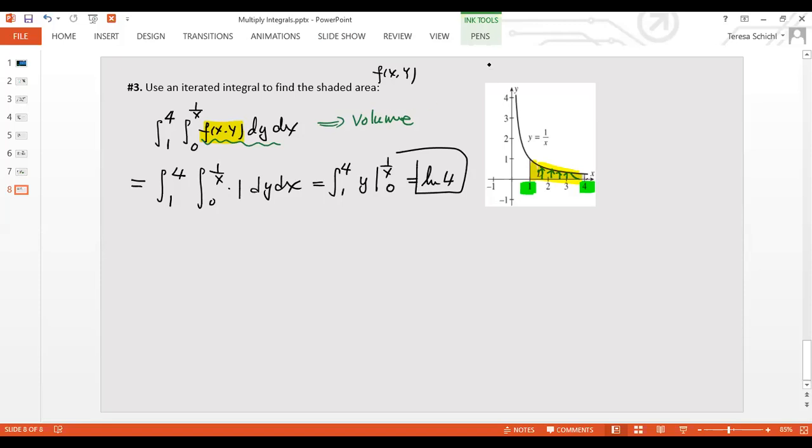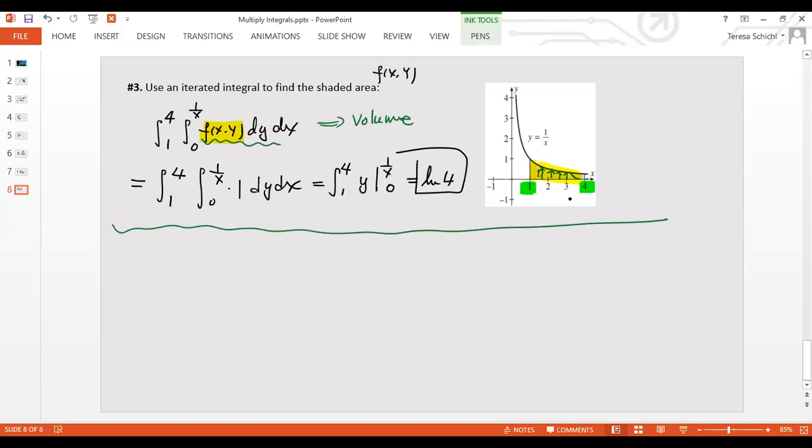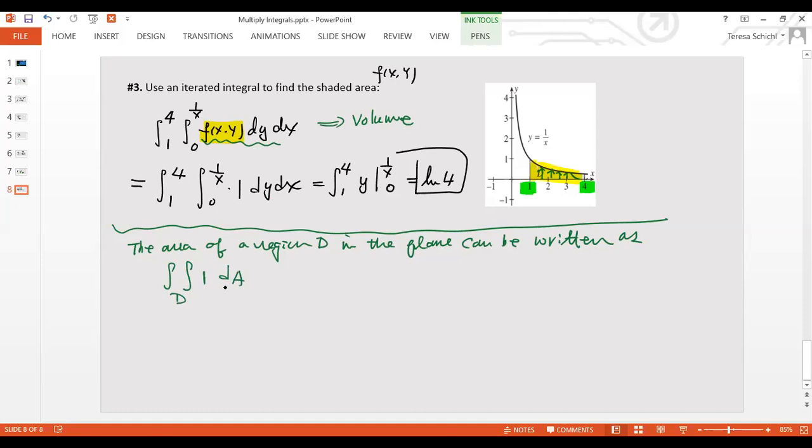Now I want to write something out for you. Based on this example, we can say the area of region D in the plane can be written, if you want to use a double integral, as the double integral over the region D of 1 dA.